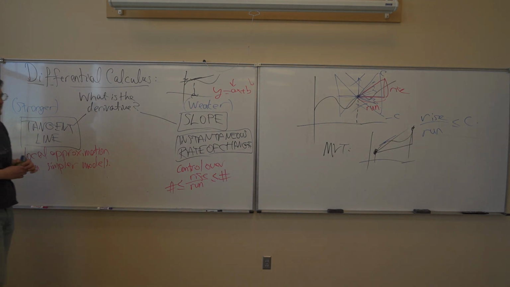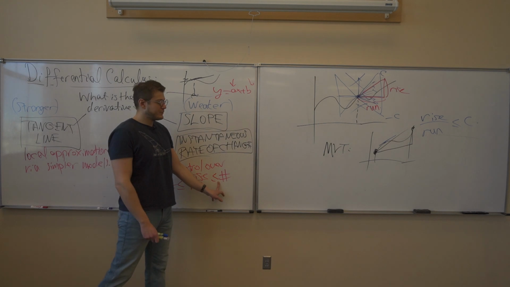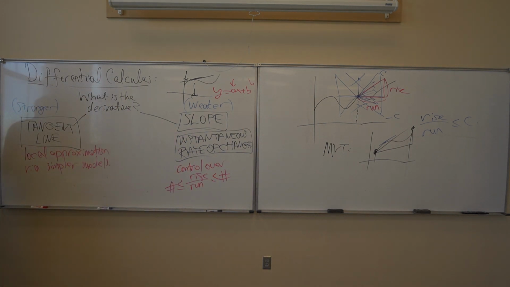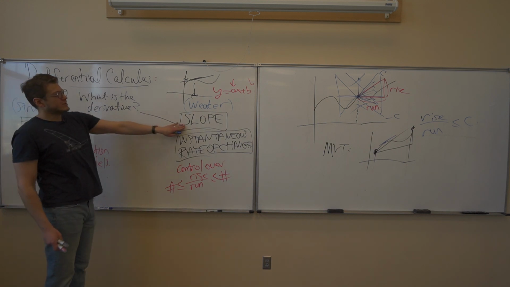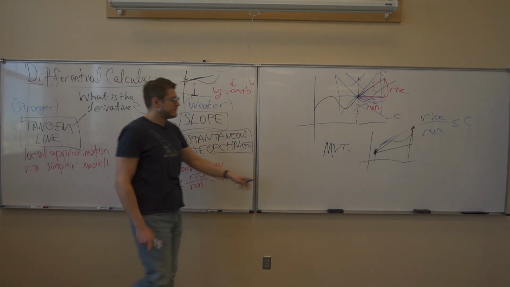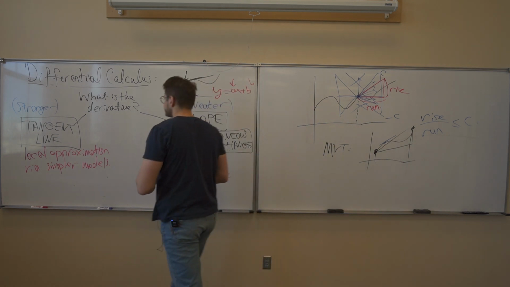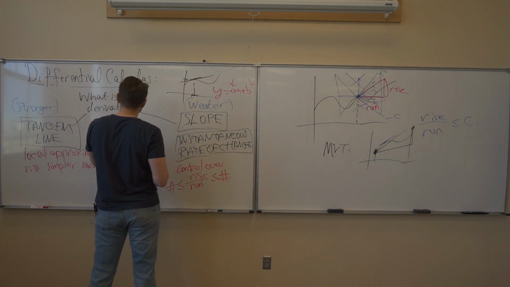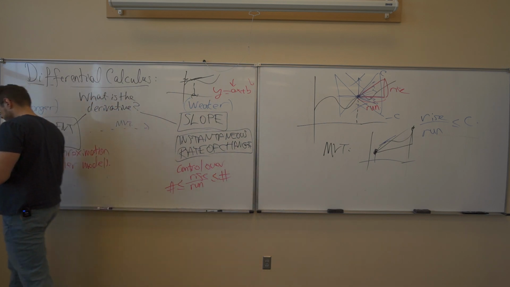It's better to think of it as something that you can upper bound if you have differentiability. So for now, though, let's just say that this is a stronger interpretation and this is the weaker interpretation, essentially by way of the mean value theorem.